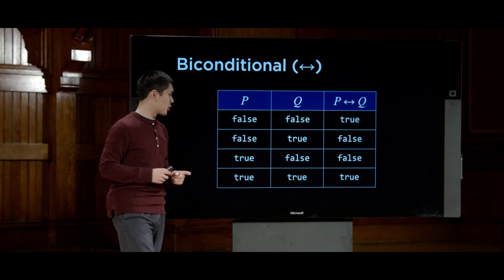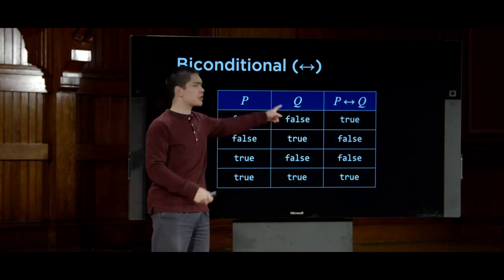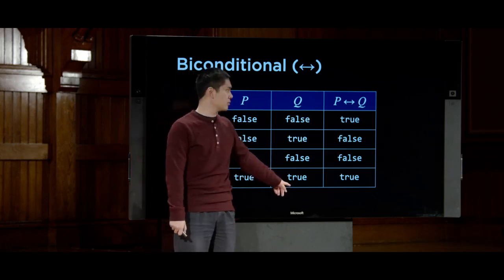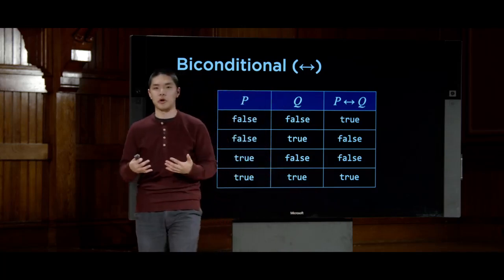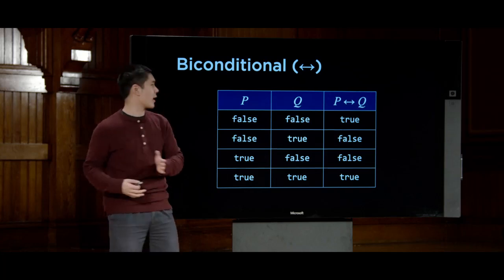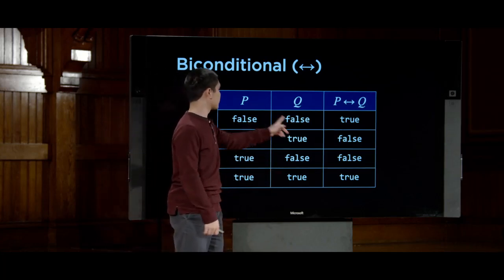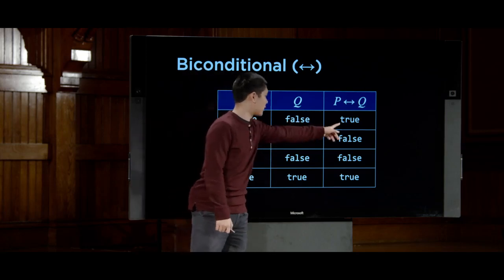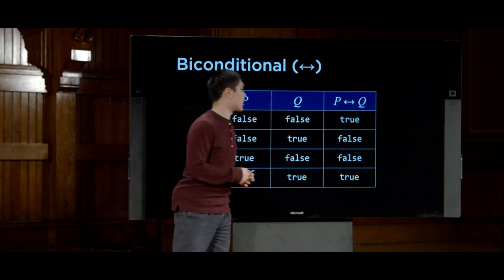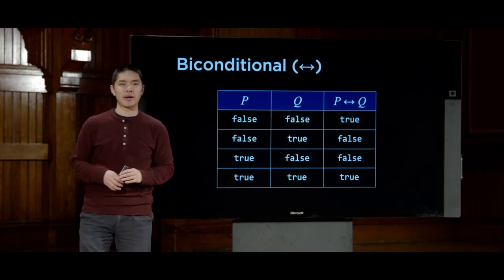So this biconditional is only true when P and Q are the same. So if P is true and Q is true, then this biconditional is also true. P implies Q, but also the reverse is true. Q also implies P. So if P and Q both happen to be false, we would still say it's true. But in any of these other two situations, this P, if and only if Q, is going to ultimately evaluate to false.